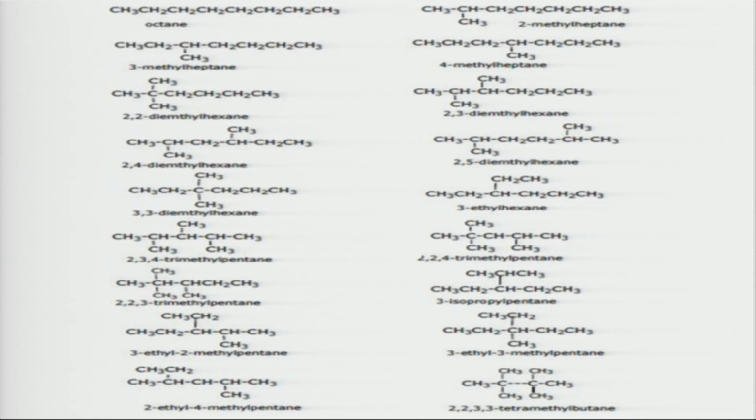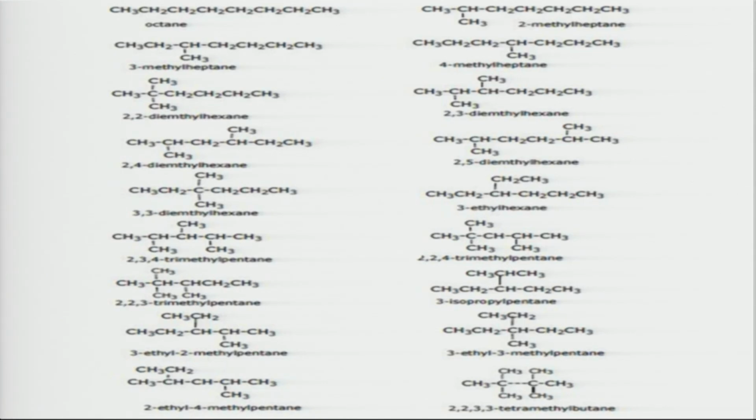For example, this one here: we have a carbon atom which has 4 different groups attached to it. So this organic compound will undergo optical isomerism because of the chiral carbon atom.